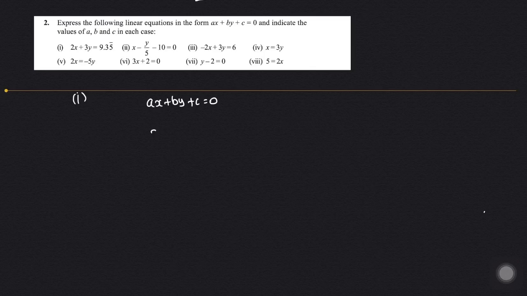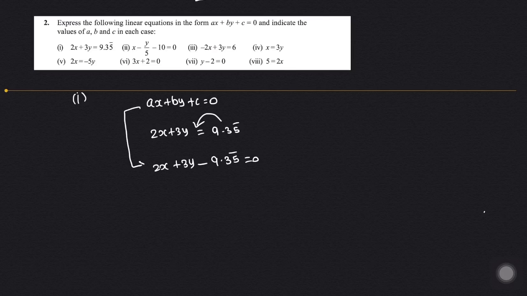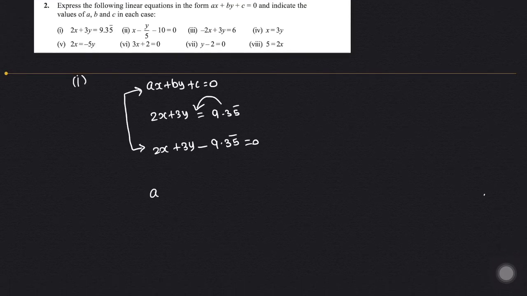The given equation is 2x + 3y = 9.35 bar. The term 9.35 bar moves to the left side: 2x + 3y - 9.35 bar = 0. Comparing these two equations, the values are a = 2, b = 3 and c = -9.35 bar.